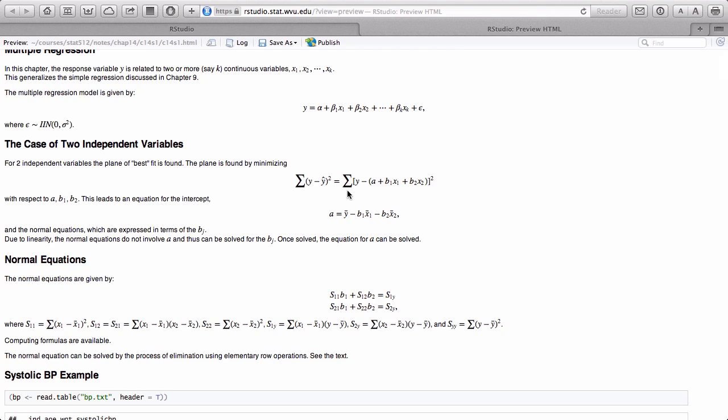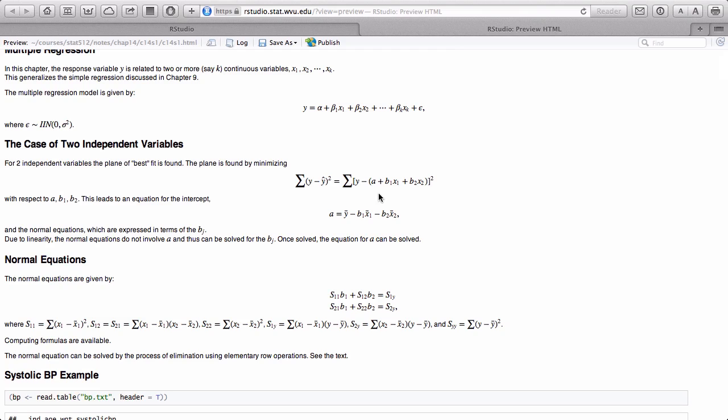And now, you might say, well, if I were going to do that, if you know mathematics, I could take the derivative with respect to A, B1 and B2 and set that equal to 0, and I have 3 equations and 3 unknowns. In reality, it turns out that you can estimate A separately.